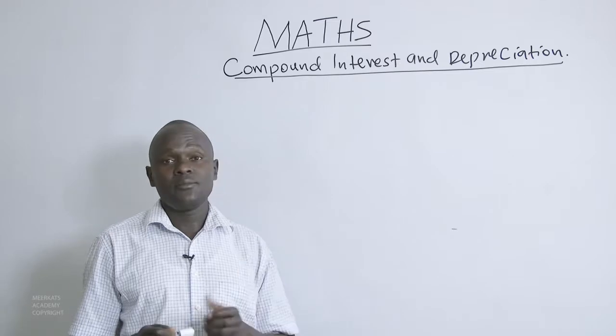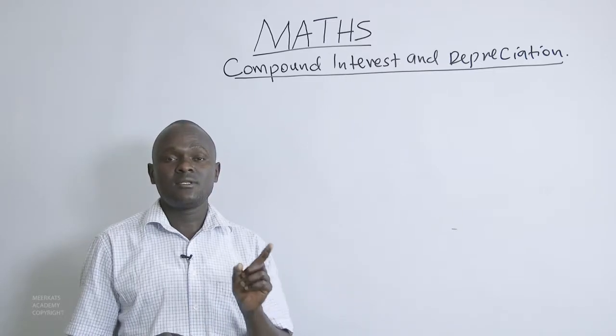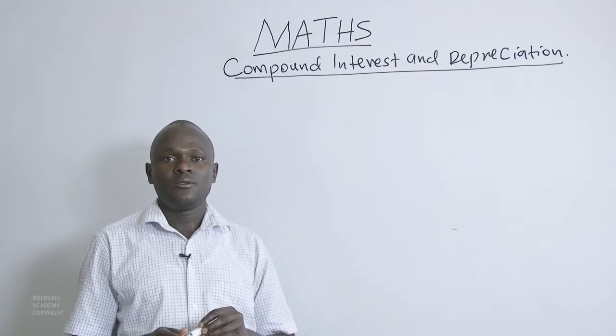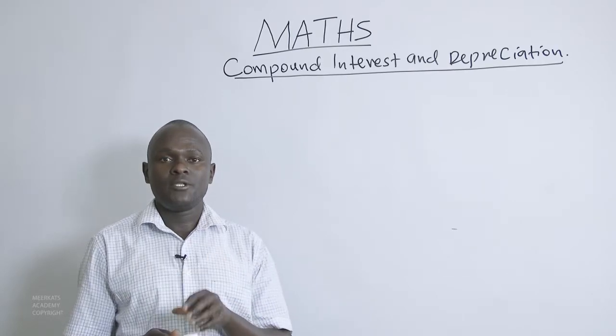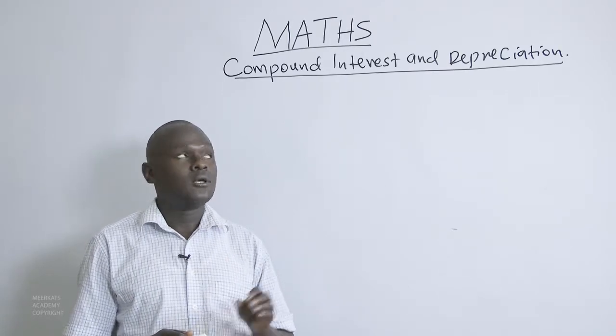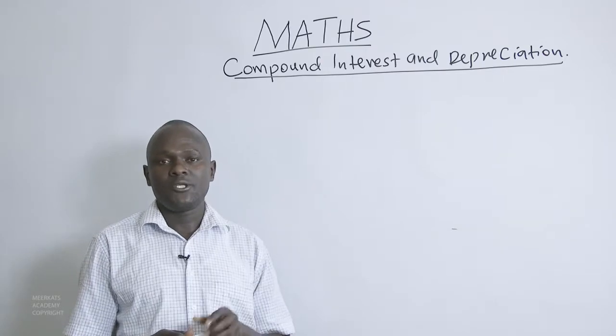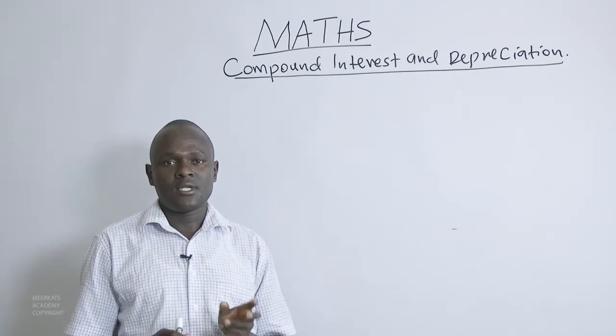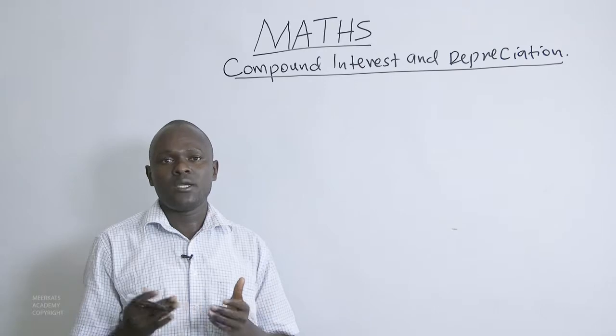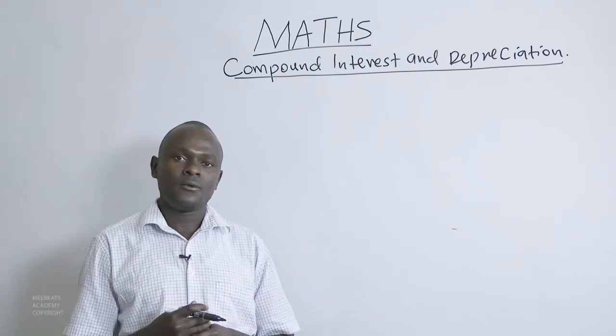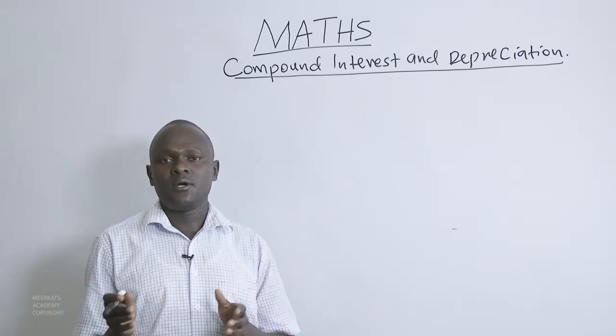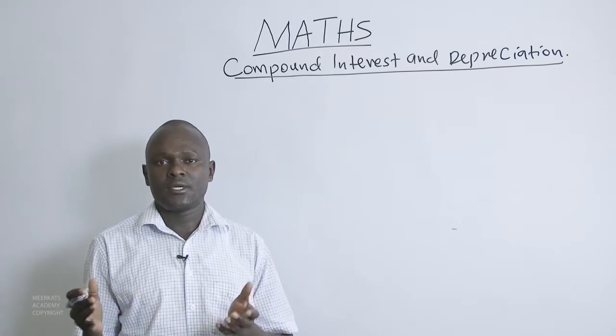So unlike in simple interest, where the interest is only calculated based on the principal amount, compound interest is a bit different, such that as you move from one period to another, the principal amount tends to increase.